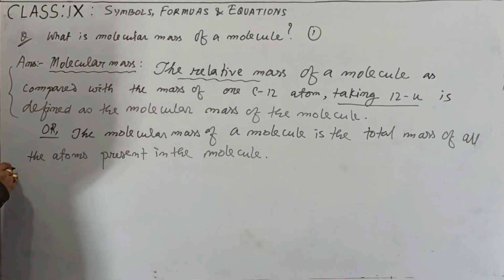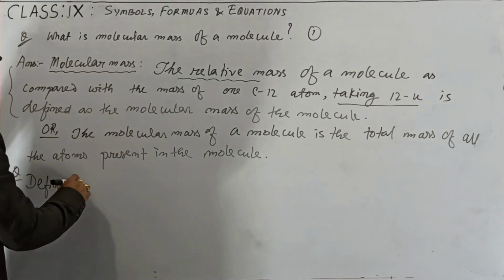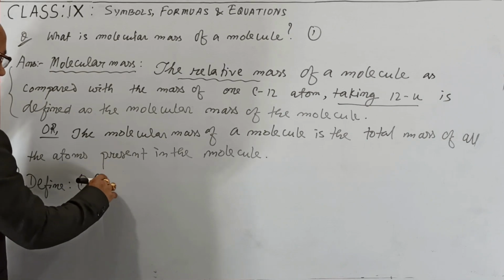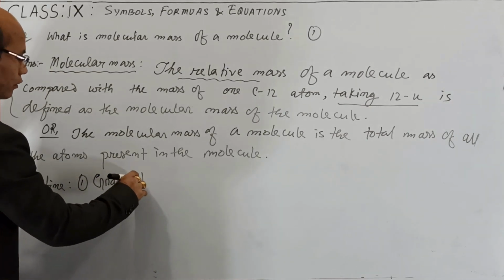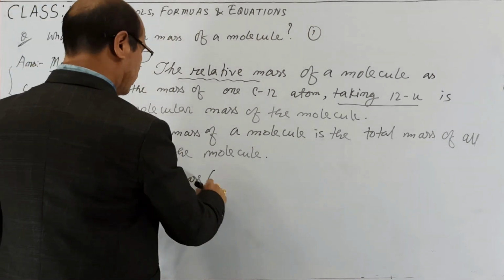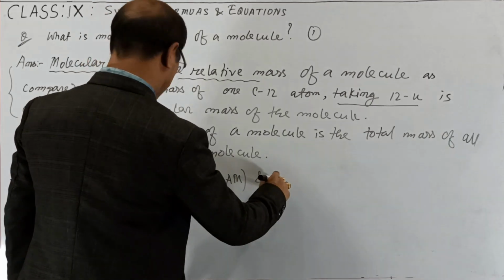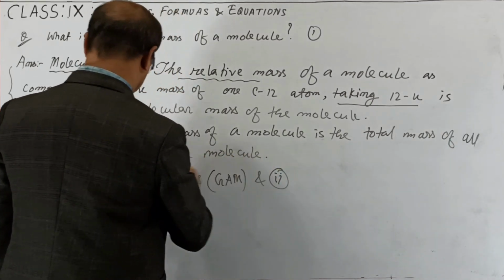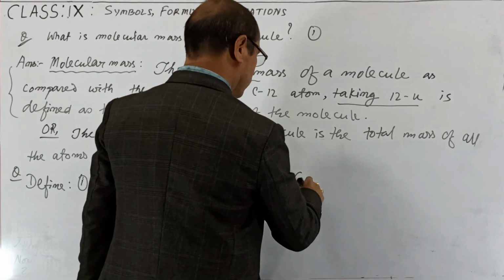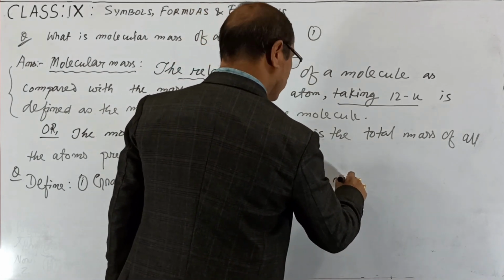And next, let us see this. Define gram atomic mass, and Roman number 2, gram molecular mass.